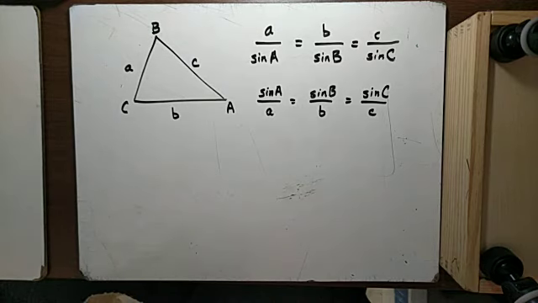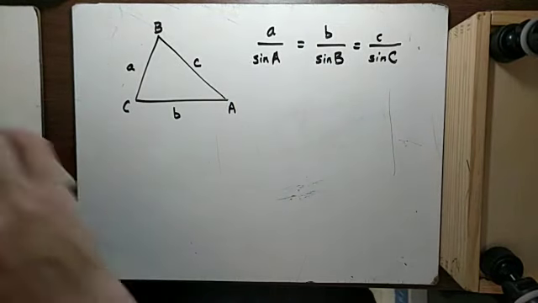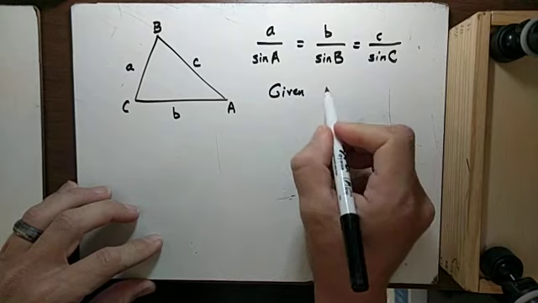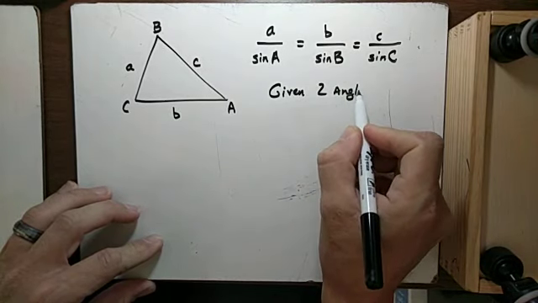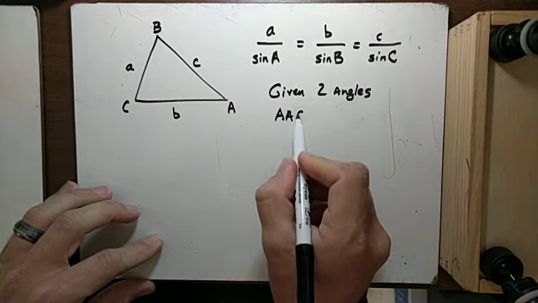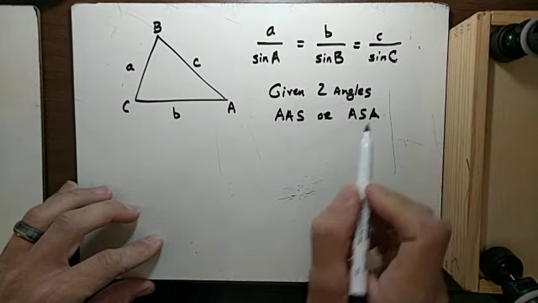All right, so you're primarily going to use this when you are given two angles, okay? When you're given two angles, you could be given two angles and then a side, or you could be given two angles and then the side between them.